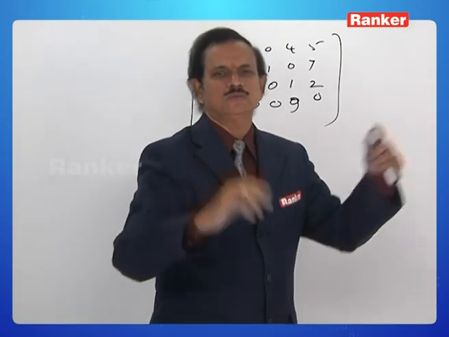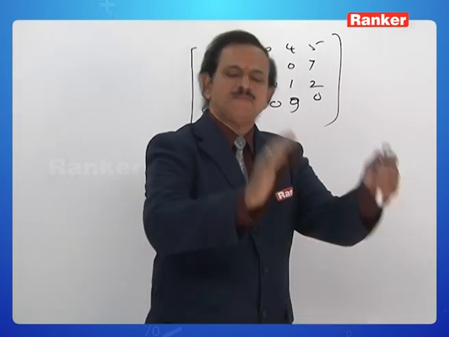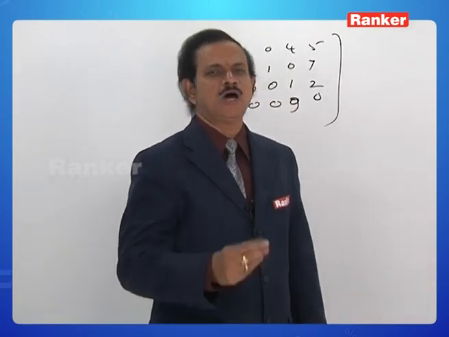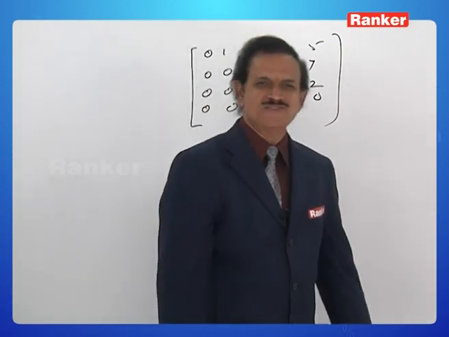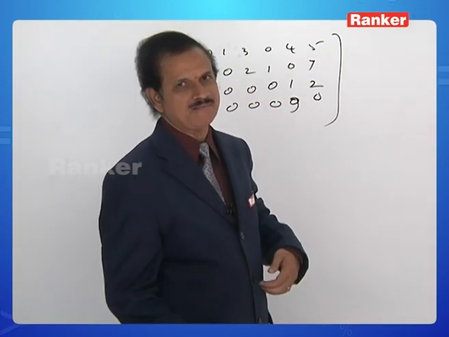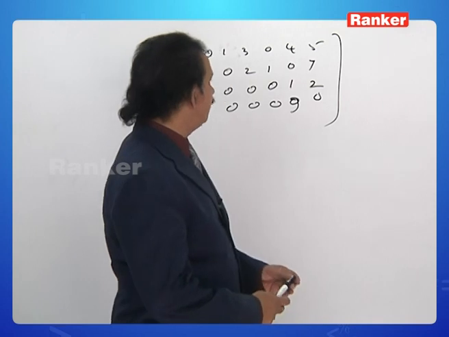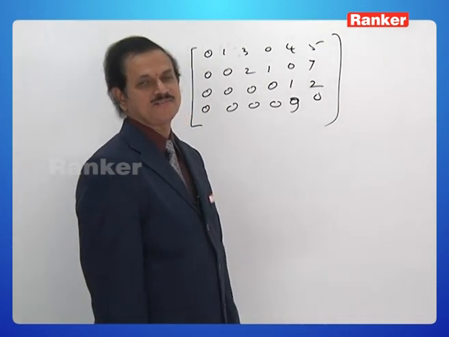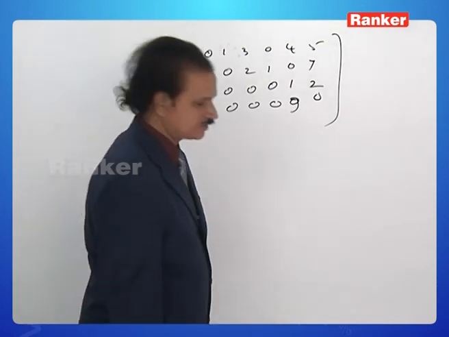That must be the rule. You keep that point in your mind. Automatically it will be converted into an echelon form and thereby you have the rank of the matrix. Making use of that, let us try to get the rank of 2 more matrices.